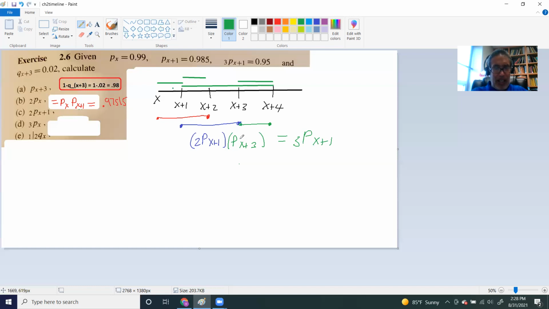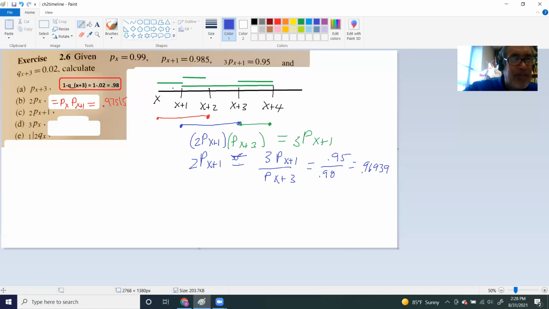So we take 0.95 and divide it by 0.98. So the blue is equal to, we know that's 0.95 over 0.98, 0.96939. Close enough. So that figures that one.